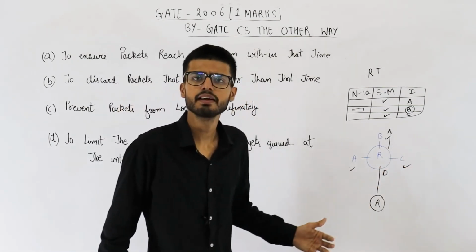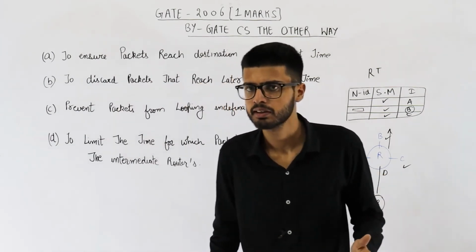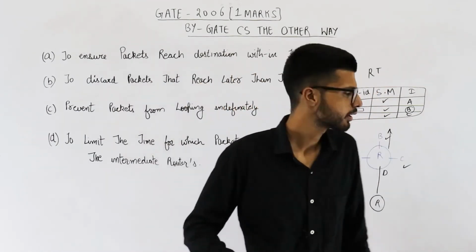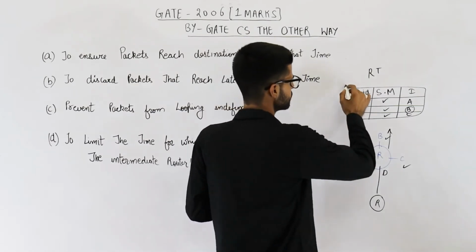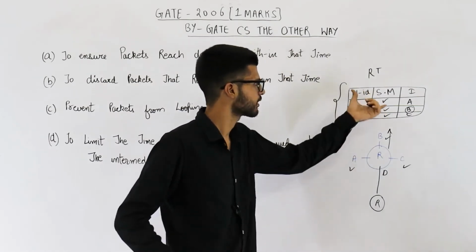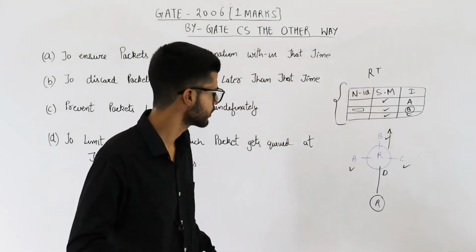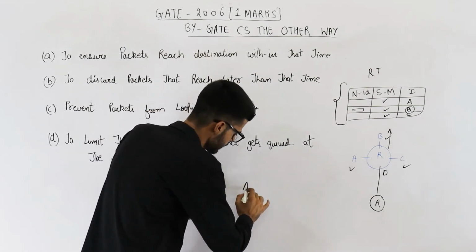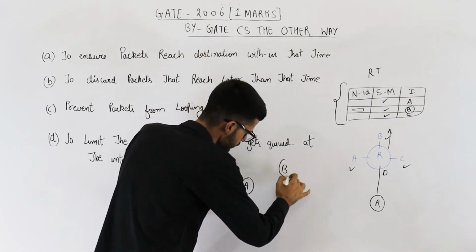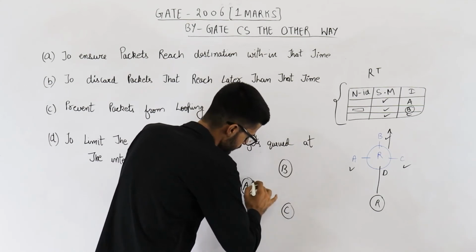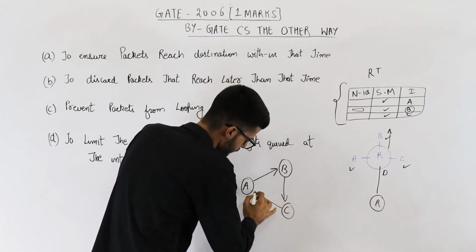And one more scenario where infinite loops can be created is due to some error, okay. Say there is some error in this routing table or something goes wrong, and these routers just keep on looping the packets, okay.